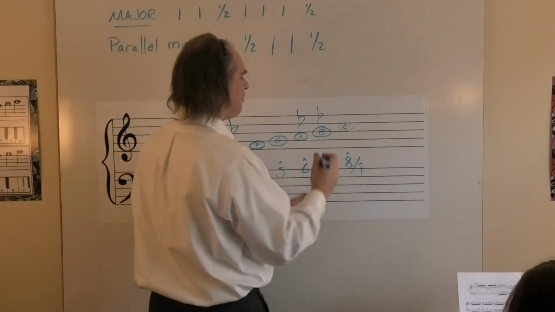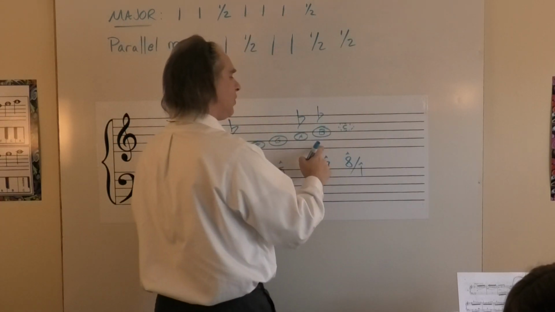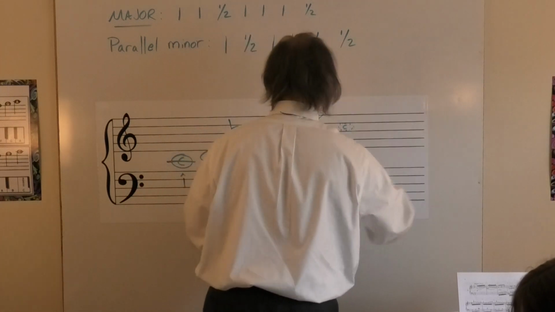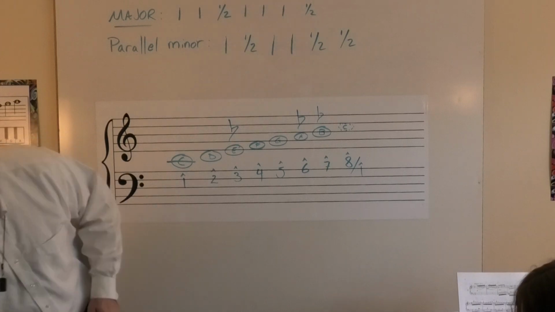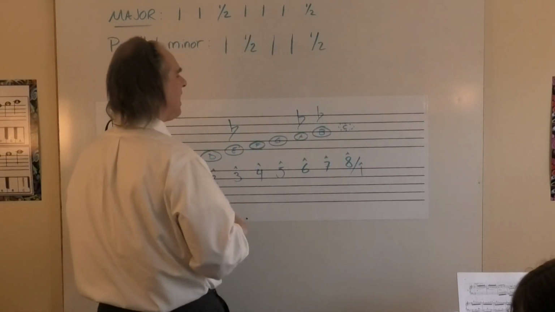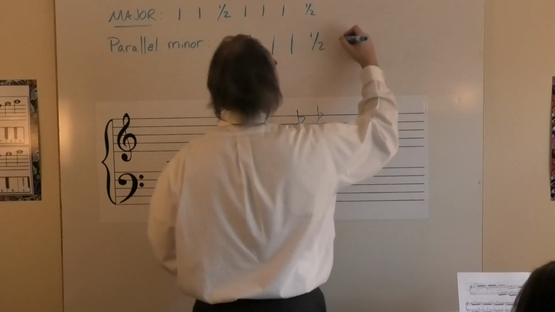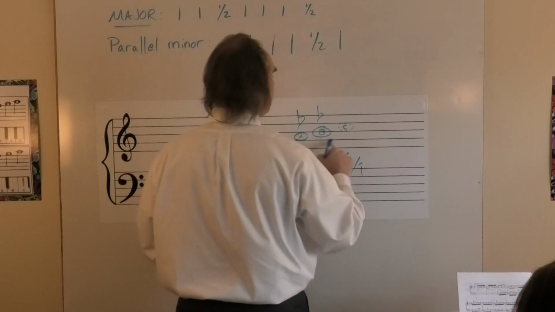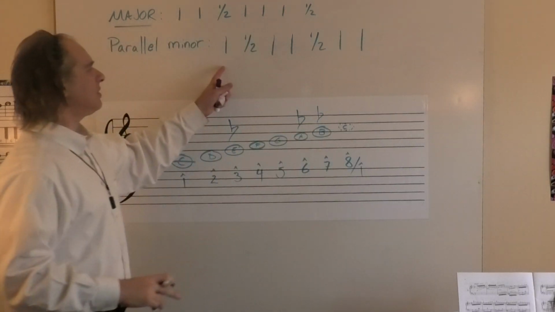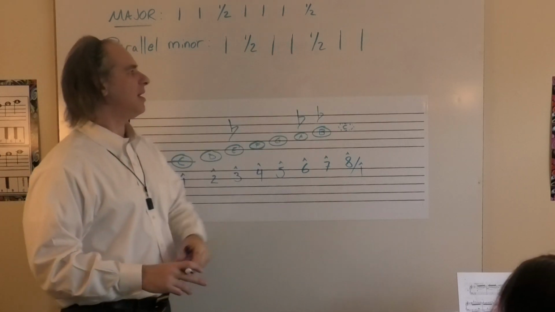Between A flat and B flat, hold on, I drew that wrong. There's an A in between it, so that's a whole step. And then between B flat and C is a whole step. So now we've got whole step, half step, whole step, half step, whole step, whole step.